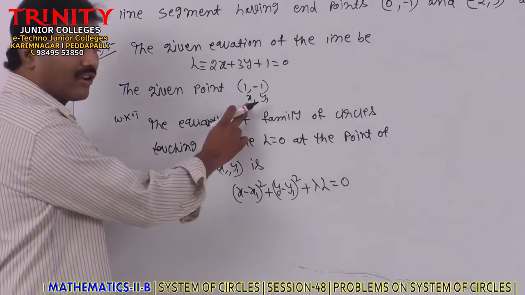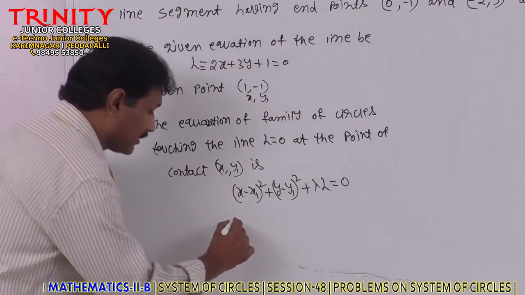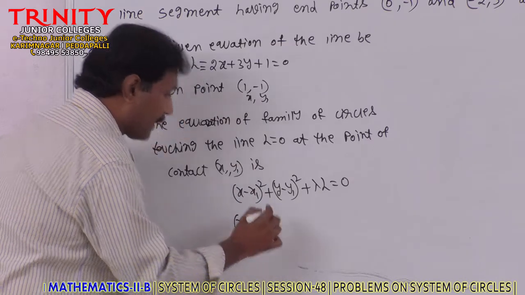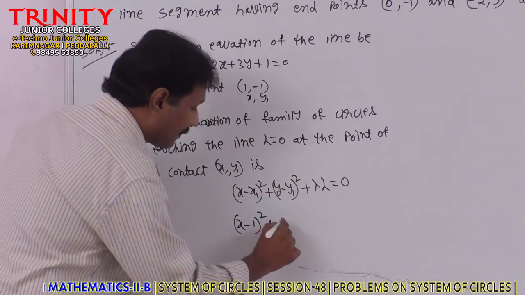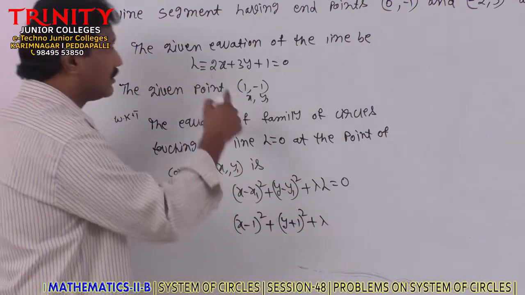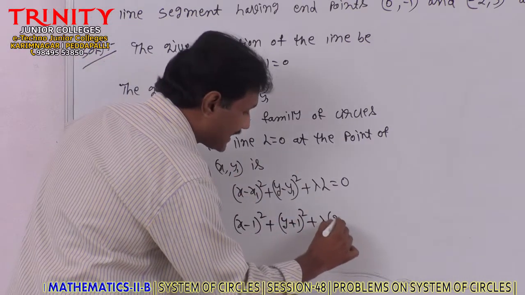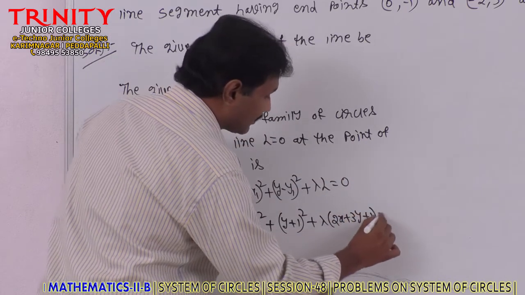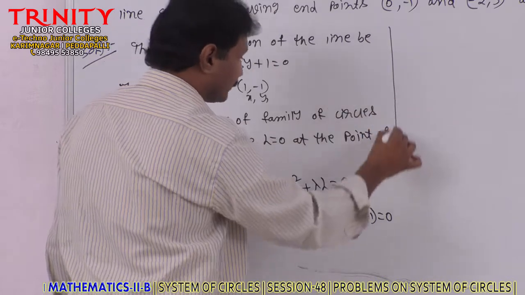Here the point of contact is (1, minus 1). Therefore, (x minus 1) whole square plus (y minus of minus 1, that is y plus 1) whole square plus lambda into L, 2x plus 3y plus 1, equal to 0.